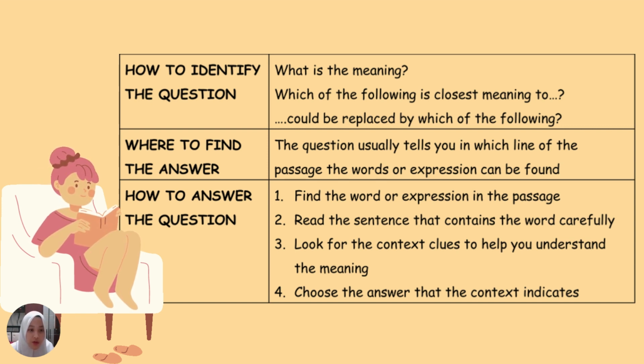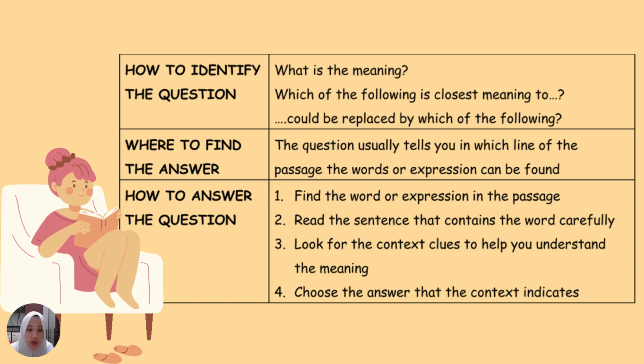How to identify the question? For example, the question is, what is the meaning of, or which of the following is closest in meaning to blah blah blah, or blah blah blah could be replaced by which of the following. So how to find the answer, or where can we find the answer?